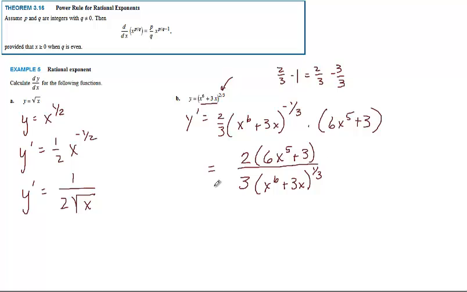I guess after looking at it, I could take this 3 out of here and cancel it out of the bottom. Alright, let's do it. Some of these, you look at them and then you go, oh, wait a minute, I could still do this.